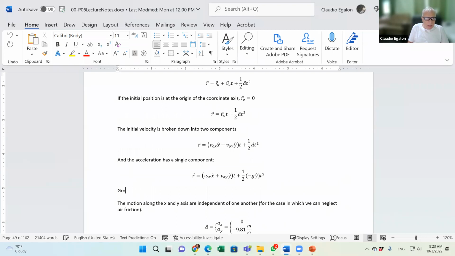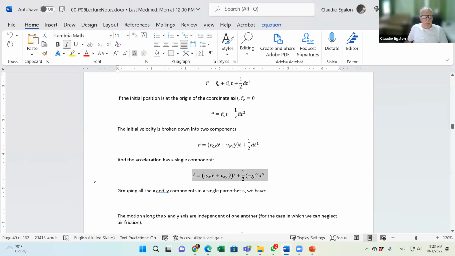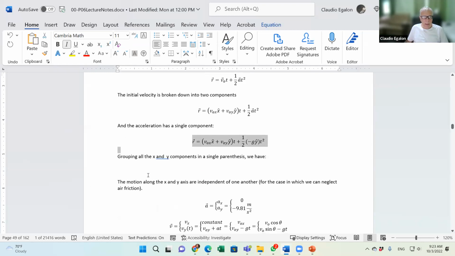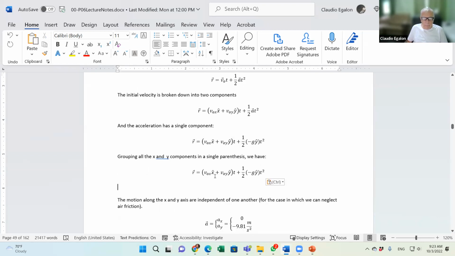Grouping all the x and y components in a single parenthesis, right? We're going to write that in a different way. Here you go. I have to put the t here first.